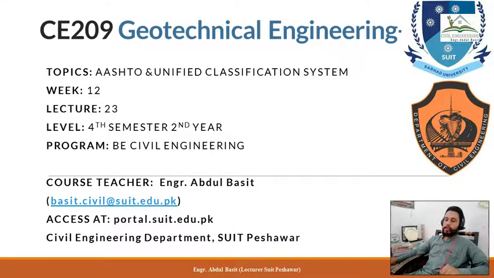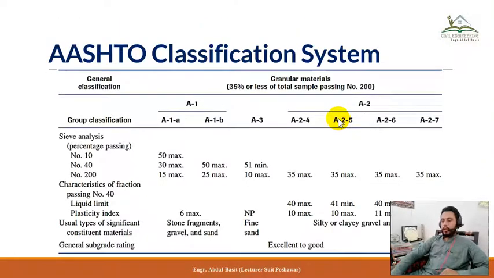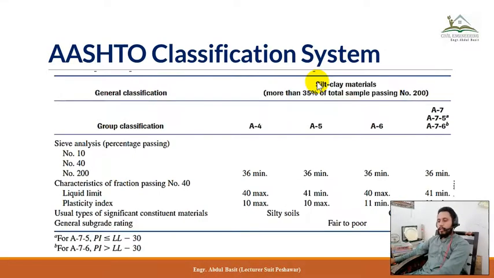Straight away coming to the remaining part of the AASHTO classification system. Here is the table we discussed in the previous tutorial. In the AASHTO classification system we basically use two tables. Number one is for granular material, and the other table is for silt and clay material.